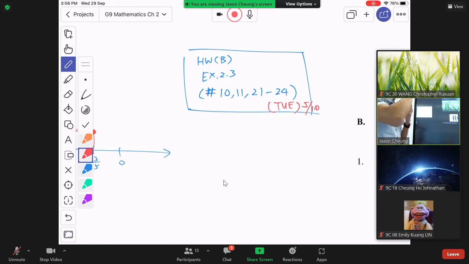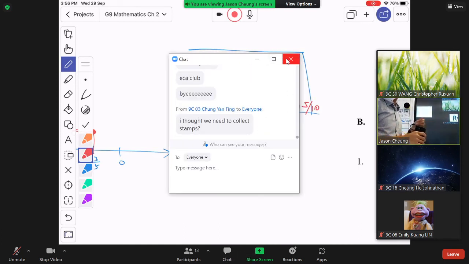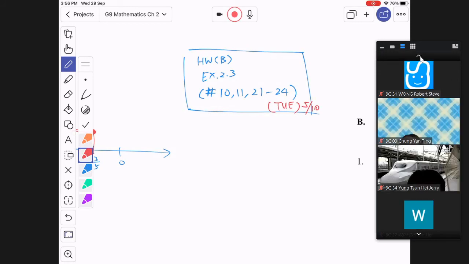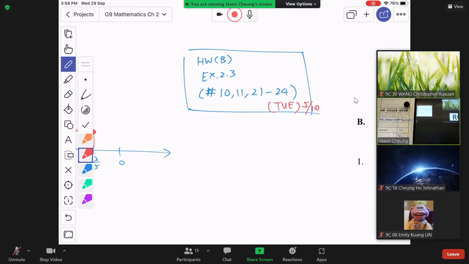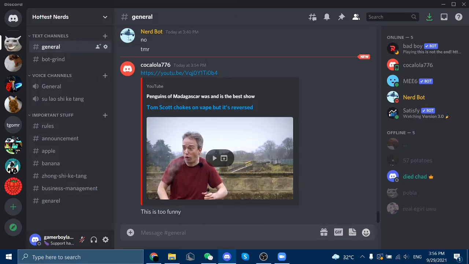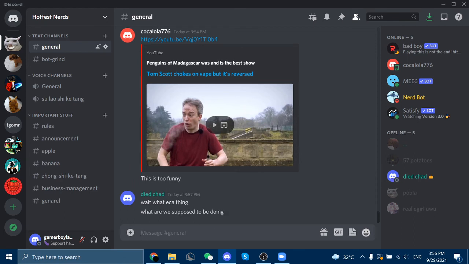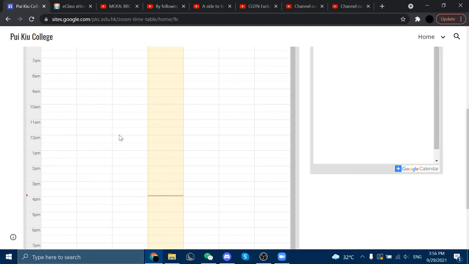已經係 committee 算唔算係入咗個會㗎？呢個我都唔知㗎。Like in English, when you join an activity, they give you a stamp, and then when you get enough stamps, you get.